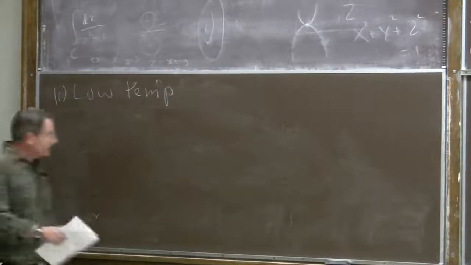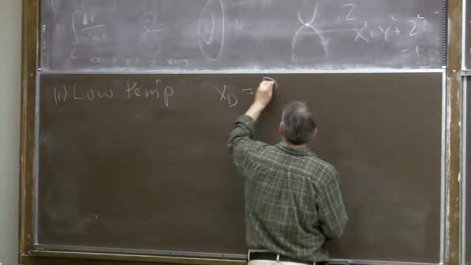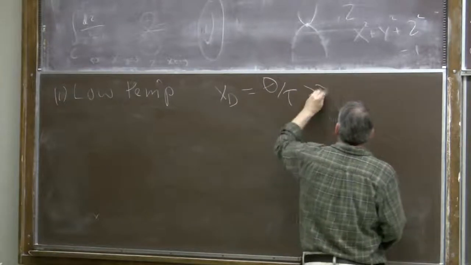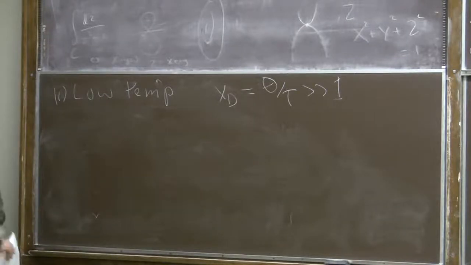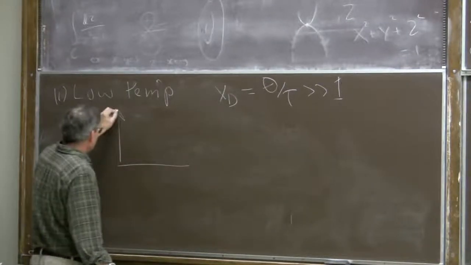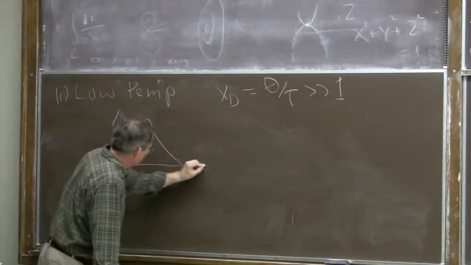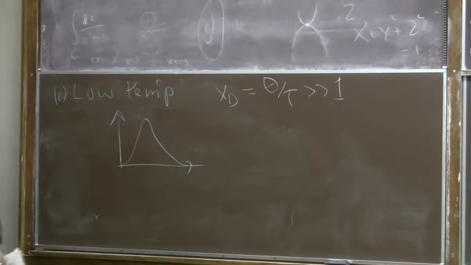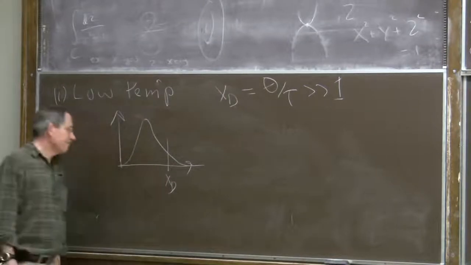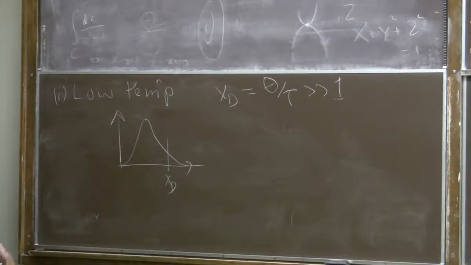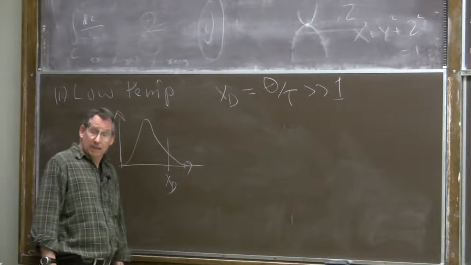So let's consider the low temperature limit first. Low temperature means that x Debye, which is theta over tau, is big. So in general, this function of x Debye is just obtained from the dimensionless form of this black body curve, and then we integrate it up to x Debye. Okay? So when x Debye is big compared to 1, that means we're cutting it off way up here in the exponential tail.